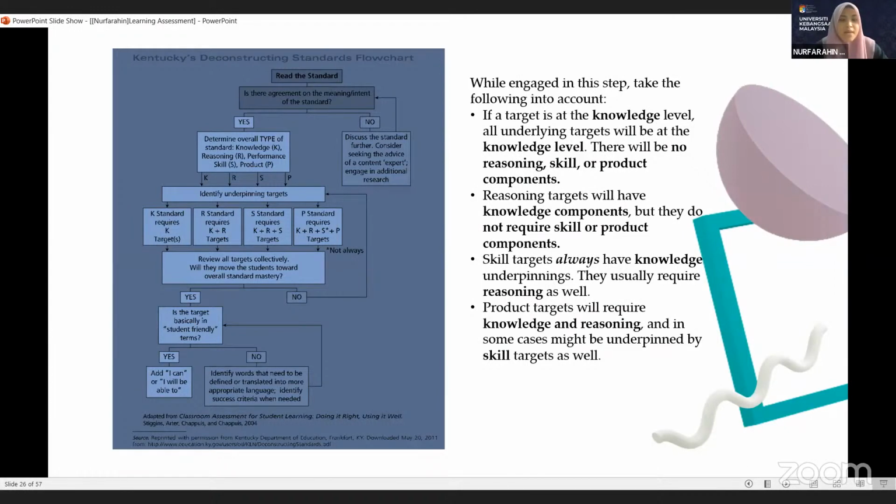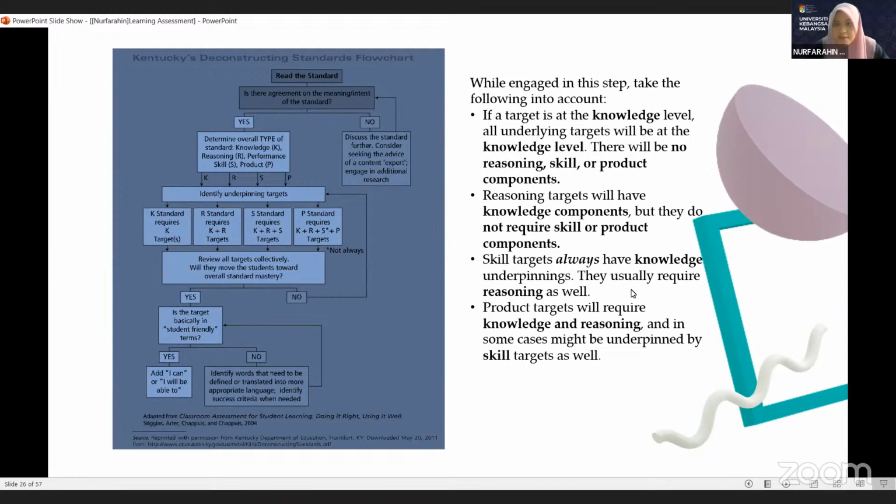Sometimes you may want to focus on knowledge. You may want to focus on skills, or you want to combine the targets. It all depends on you as teachers, but the decision that you make, whether it's a combination or a single target, you have to cater it to your students. You need to have a discussion with your students.